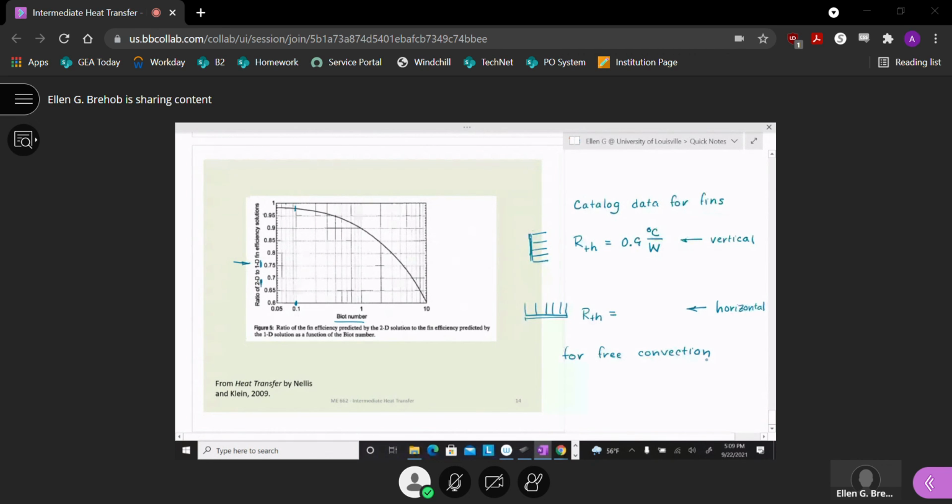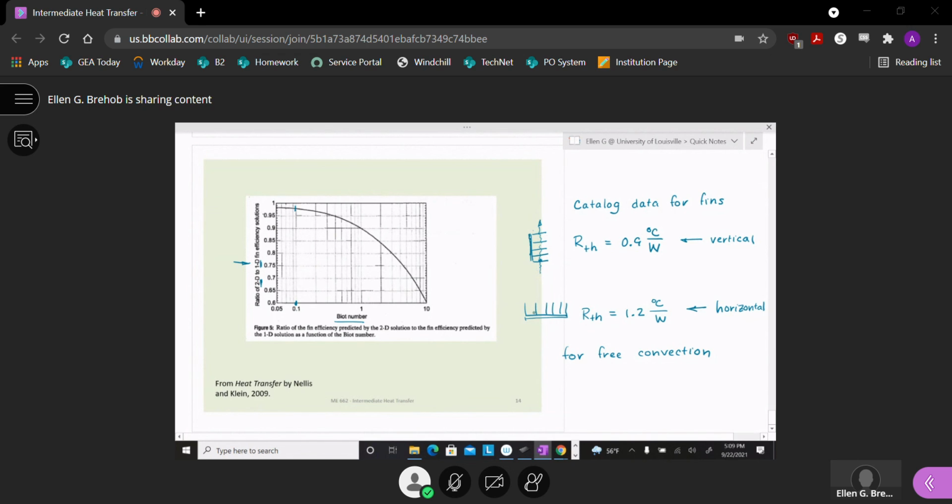Okay, happy you spoke up, but you didn't see what fin I'm talking about, though this should hold across different types. Horizontal is a little bit higher thermal resistance. And if you think about it, in the vertical case, the air gets heated up by these fin surfaces, and it can move through that fin array, and cool air can be moving in.